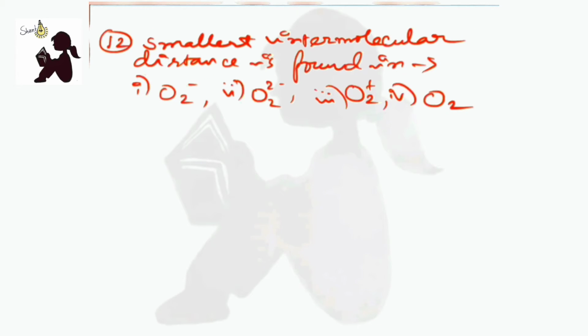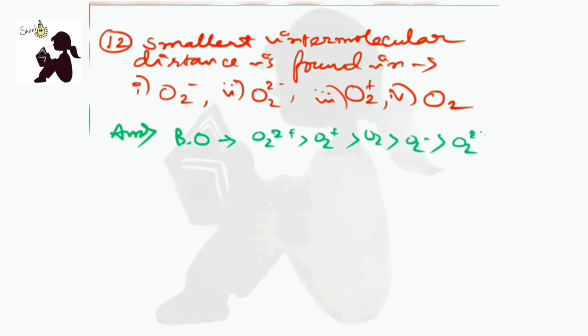Now let's see the 12th question. Now they have asked which has the smallest interatomic distance. In the chemical bonding video, we know it is like this: O2 2 plus greater than O2 plus greater than O2 greater than O2 minus greater than O2 2 minus.